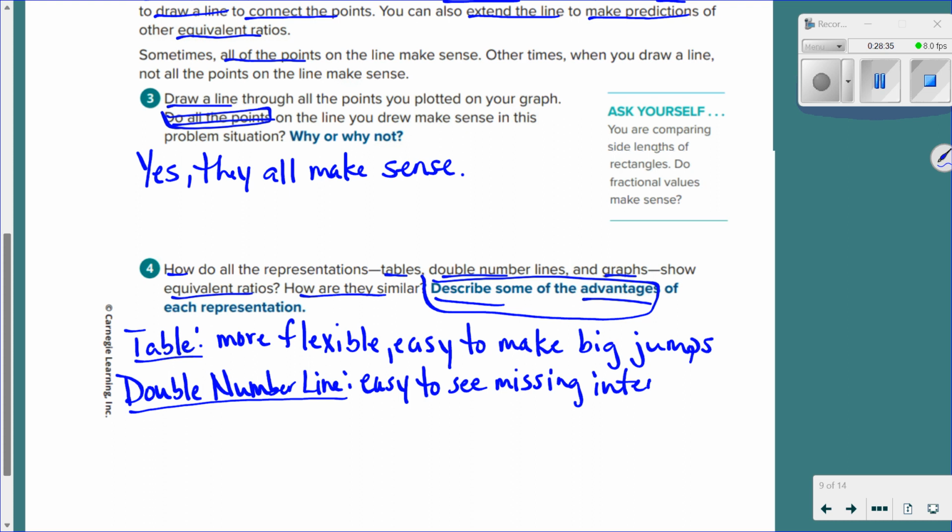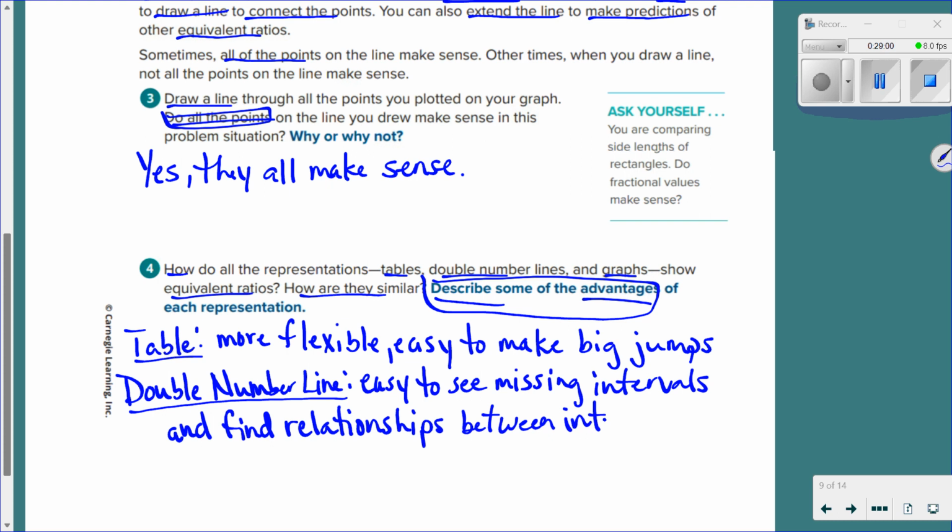And believe it or not, it's actually easier on a double number line than a table to find intervals between our numbers. So kind of two advantages on your double number line.